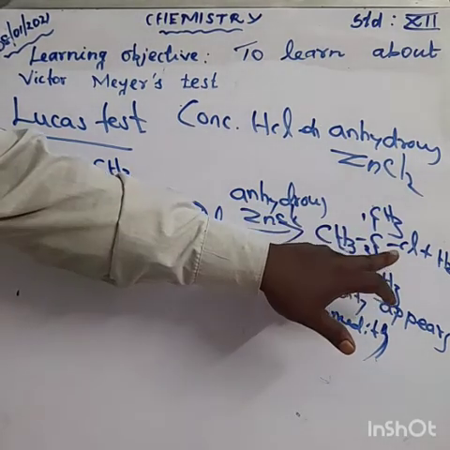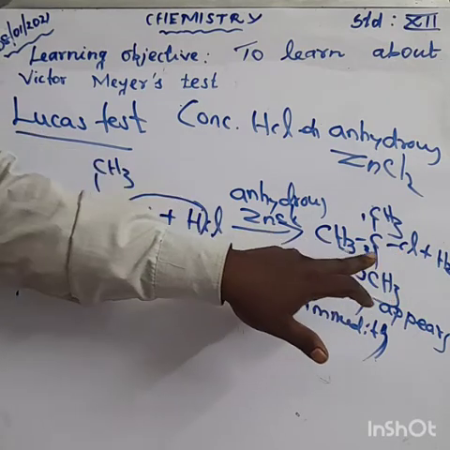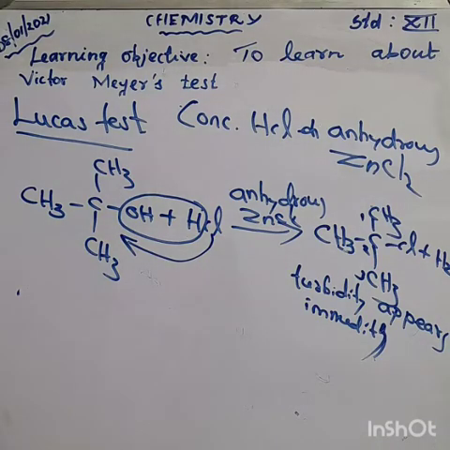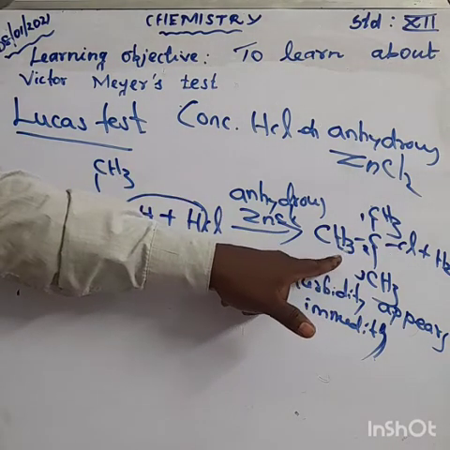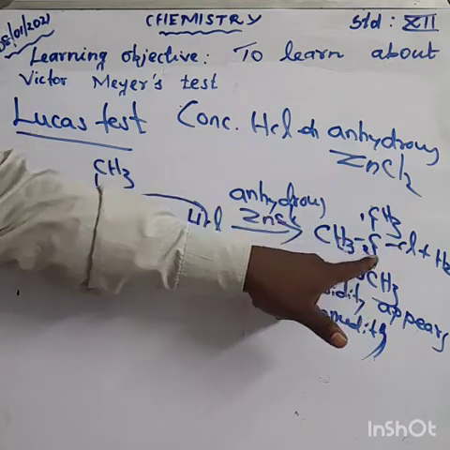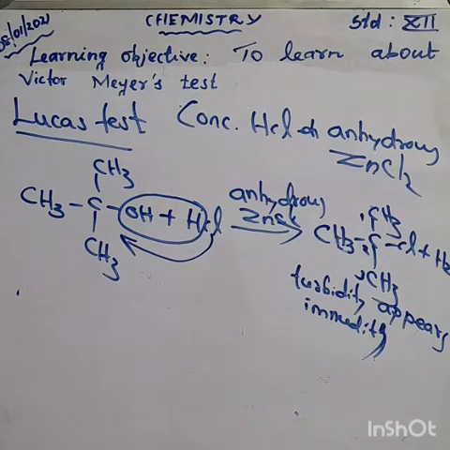What's the name of the compound? First start with the chlorine. 2-chloro-2-methylpropane. Write it down. Don't say 2-methyl first. First start with chlorine: 2-chloro-2-methyl, number of carbons 3, propane.